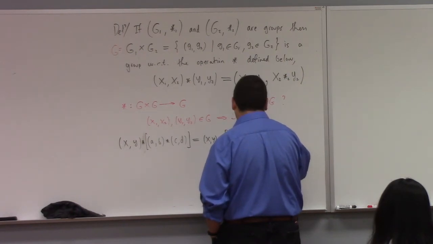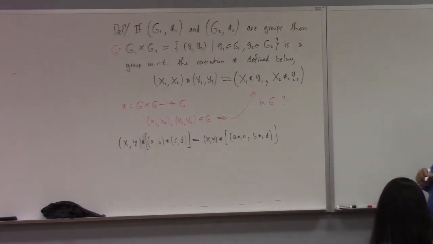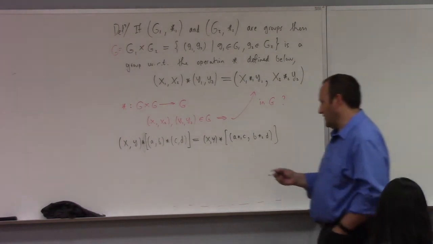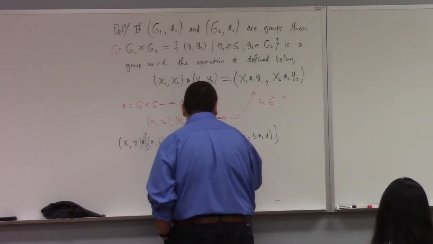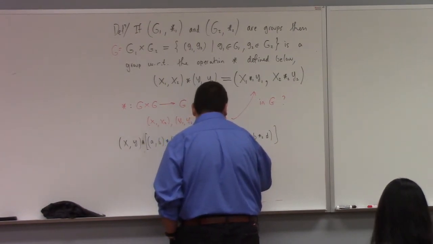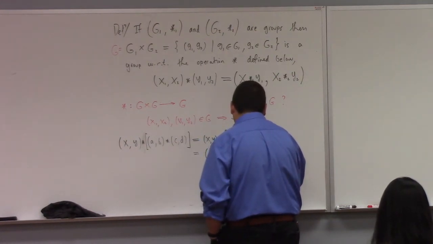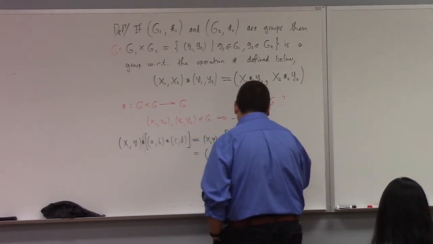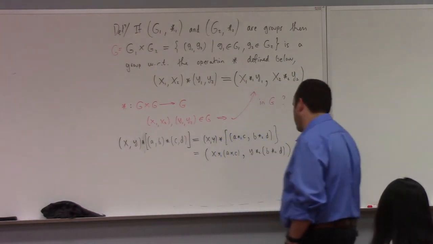So we're stuck with these stars. Star 1 for the first component, star 2 for the second component, and then to operate again, we get (x star 1 (a star 1 c), y star 2 (b star 2 d)).